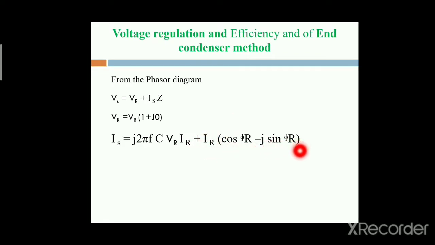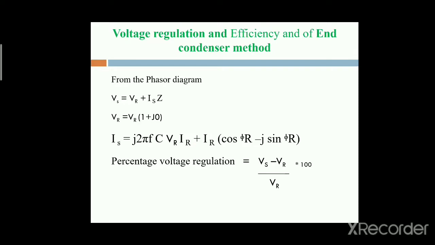This is Is, the sending end current. Is is equal to IC plus IR.